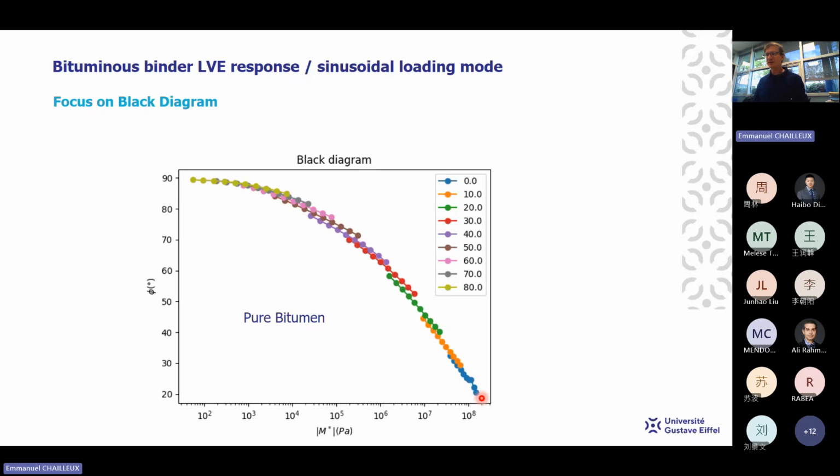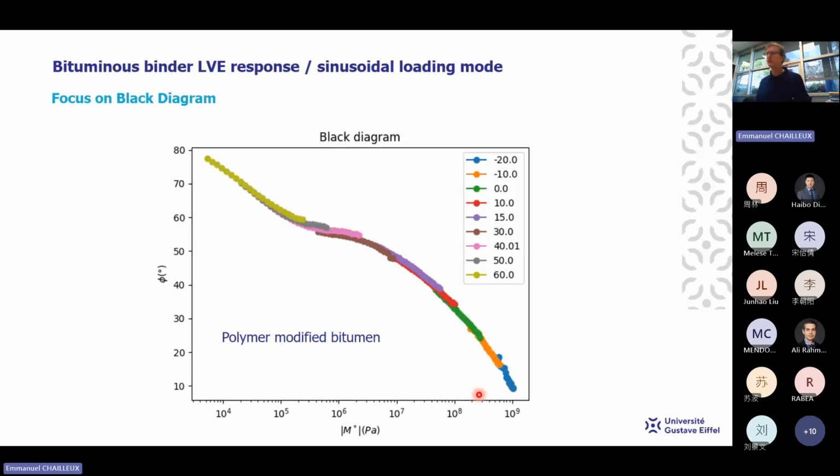And we observe that this black curve passes through 45 degrees of phase angle. It's an interesting point, because it means that the elastic part is equal to the imaginary part. We store energy at the same level as we lose energy. But what you have to understand is that we have a continuous curve, and once more, it means that this material obeys the time-temperature superposition principle.